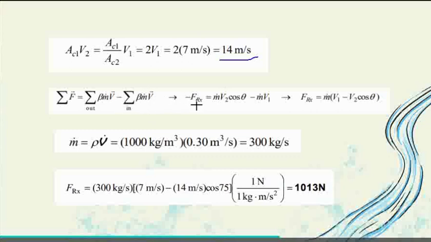So we have negative F_Rx is equal to mass flow rate times V2 cosine theta minus m V1. So we get F_Rx is equal to mass flow rate times V1 minus V2 cosine theta.